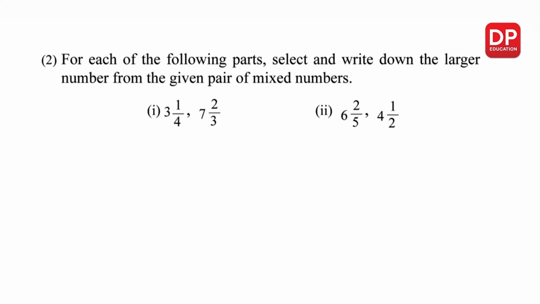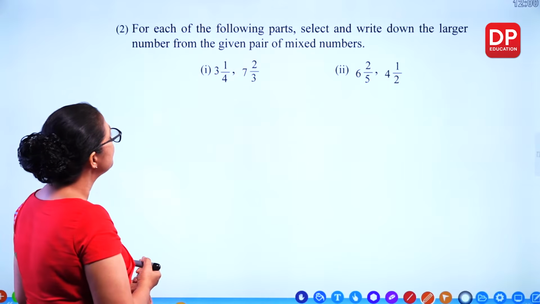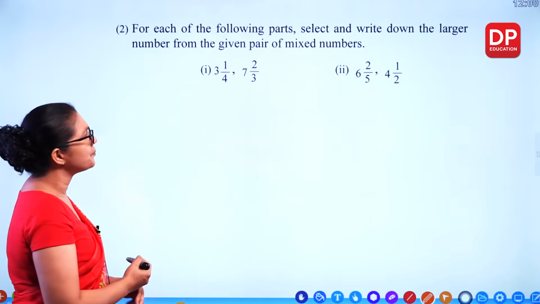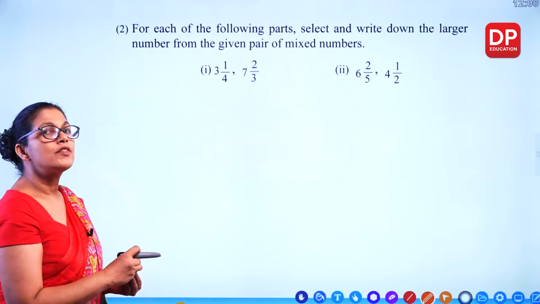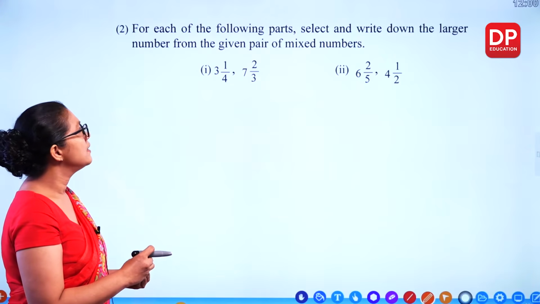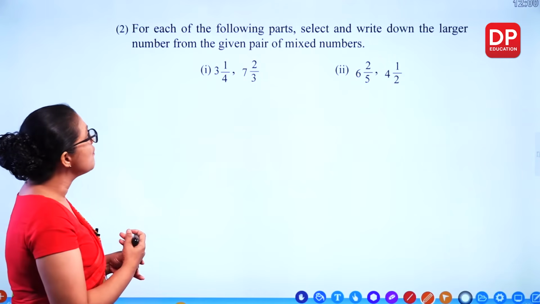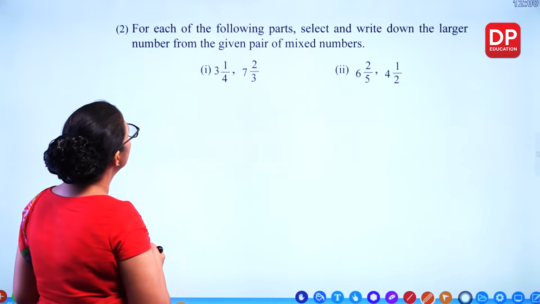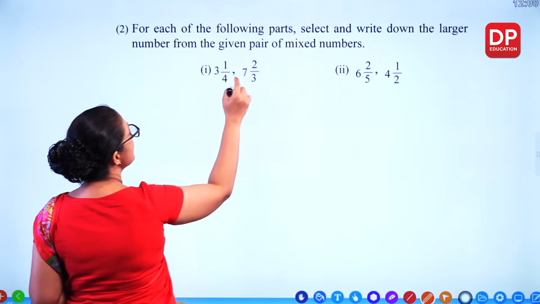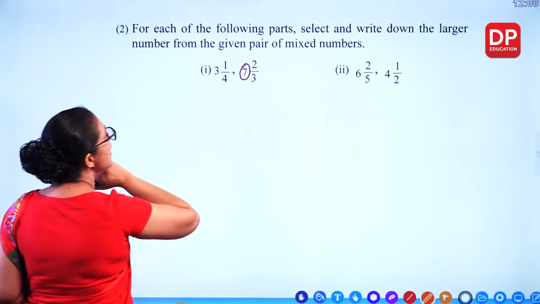Question number 2. For each of the following parts, select and write down the larger number from the given pair of mixed numbers. So what do you do? It's straightforward. When you have a mixed number, first look at the whole number. If the whole number is bigger, definitely that mixed number is the largest one. 3 and 7, 7 is bigger.